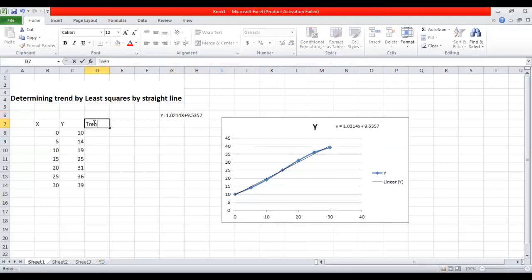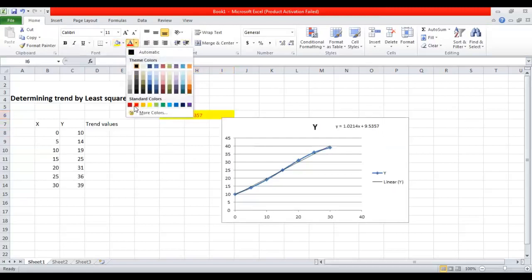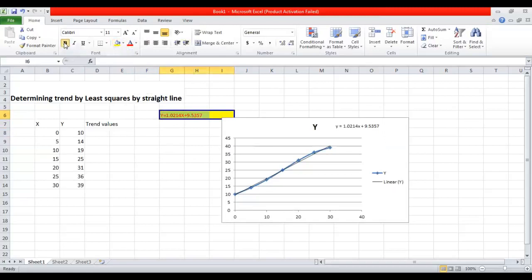So how to find the trend values? In this straight line equation, I'm going to substitute the different values of x. Now, what is the formula?